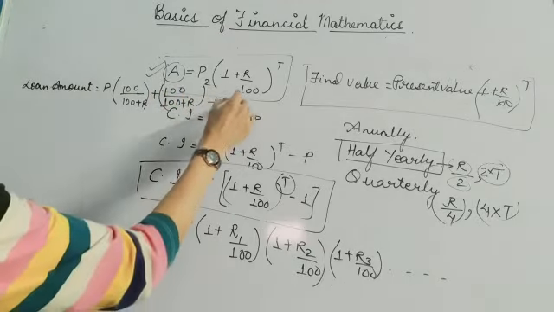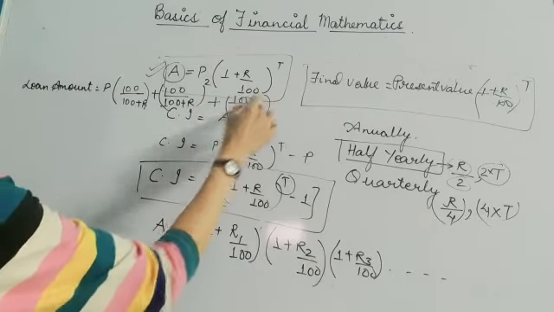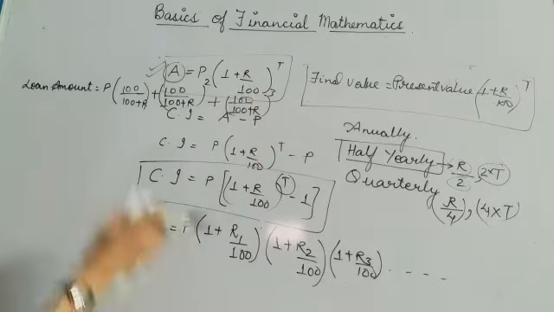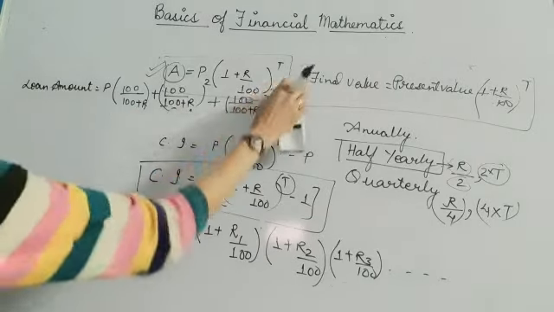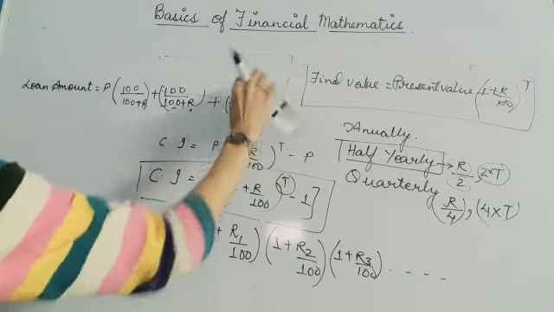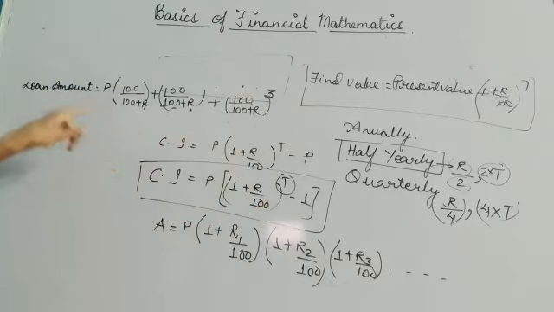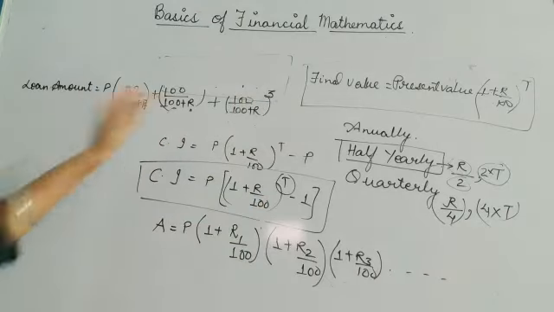For third year again you will be writing it as 100 plus R, because rate of interest is same for all the 3 years. So this will become your formula now. To find out loan amount in equal installments for 3 years is given by this.